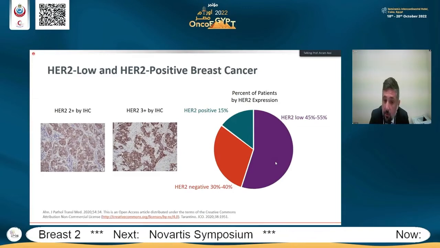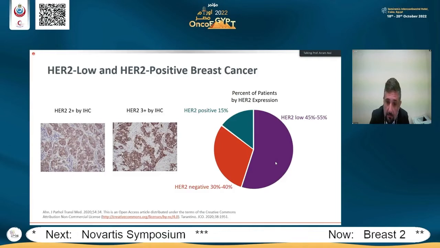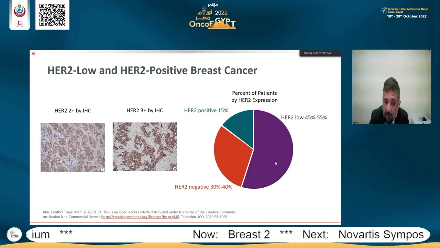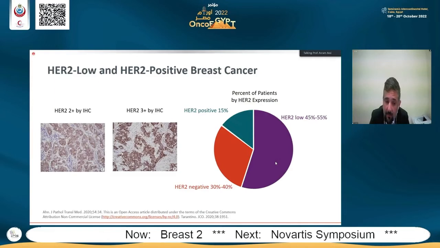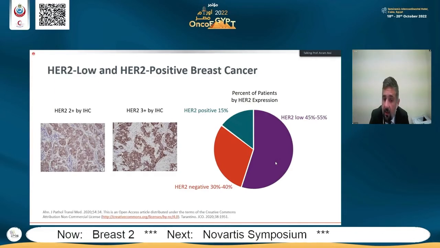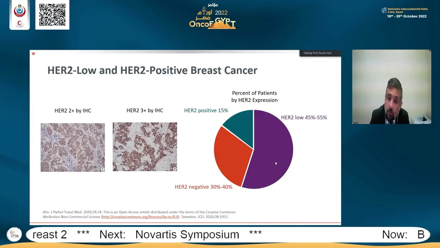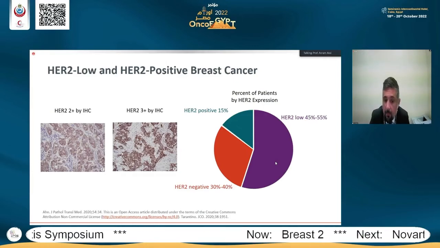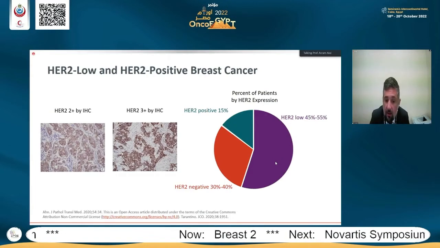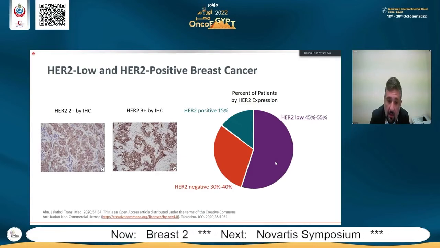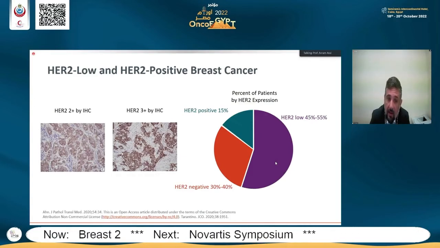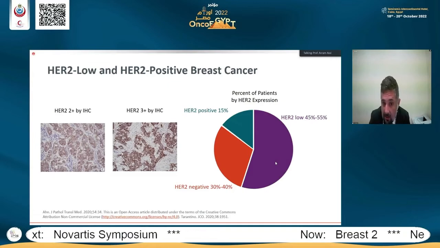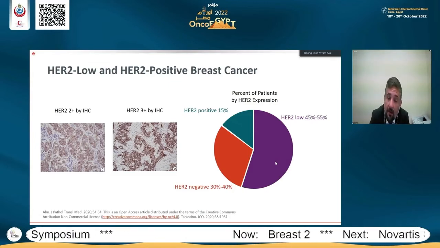About 300,000 cases are diagnosed annually in the United States, of which about 80 to 85% are considered to be HER2-negative subtypes, most of them being HER2-negative as we know until now by immunohistochemistry or in situ hybridization with the standards that we know, and triple negative breast cancer patients.